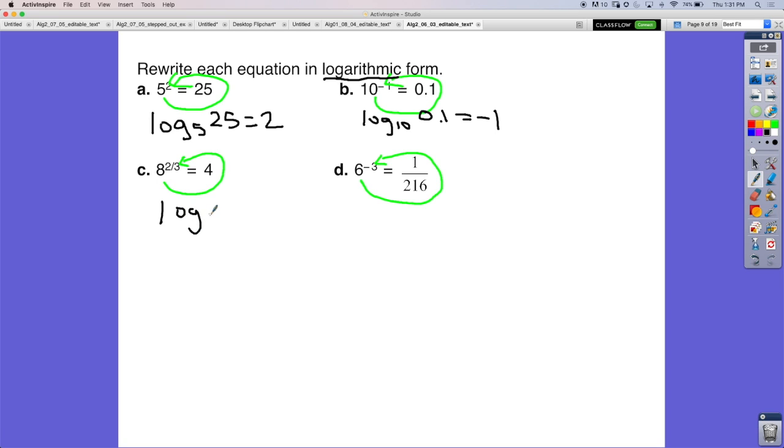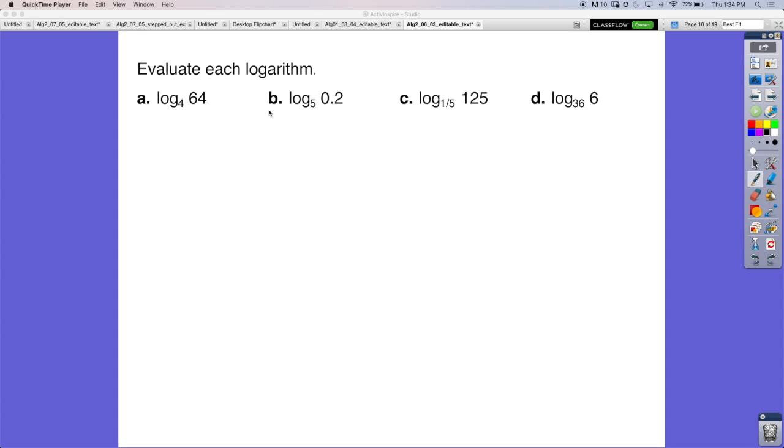Log base 8 of 4 equals 2/3. Okay, last one. Log base 6 of 1/216 equals -3.